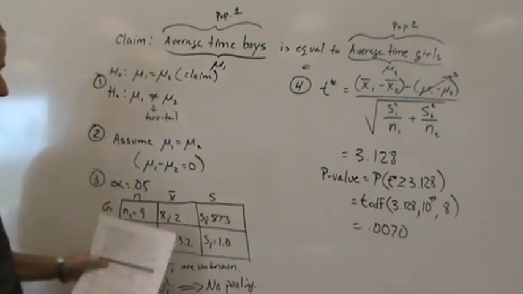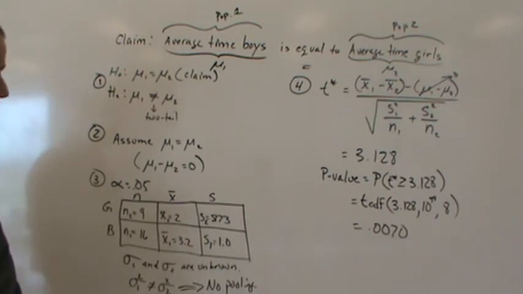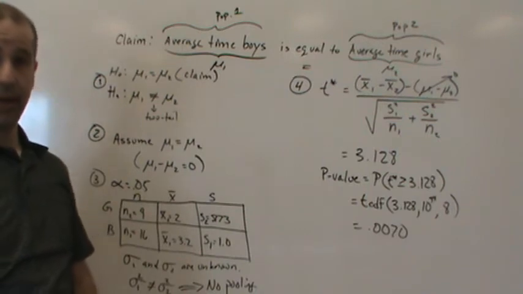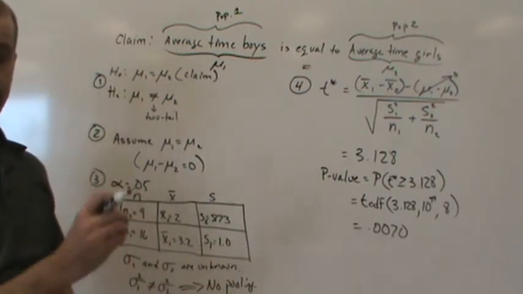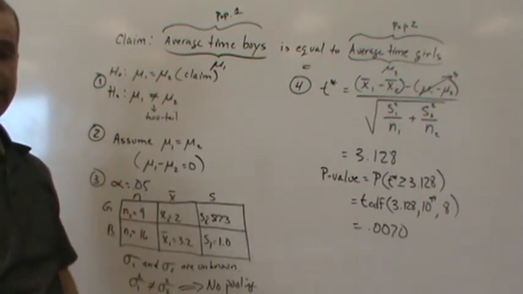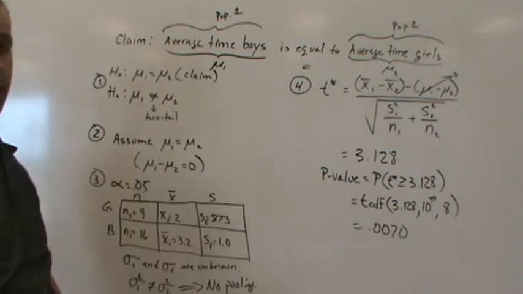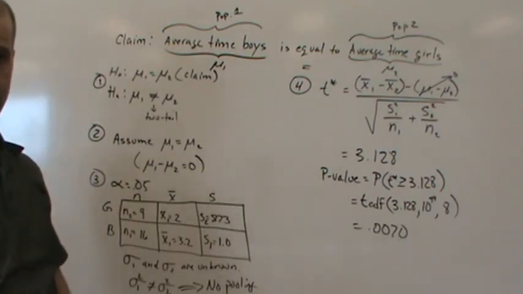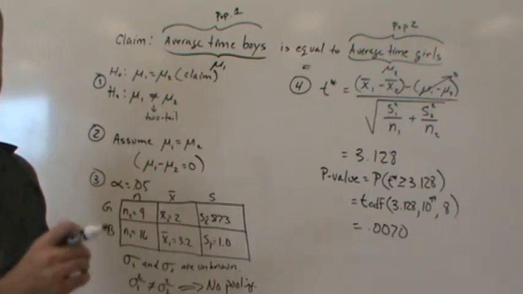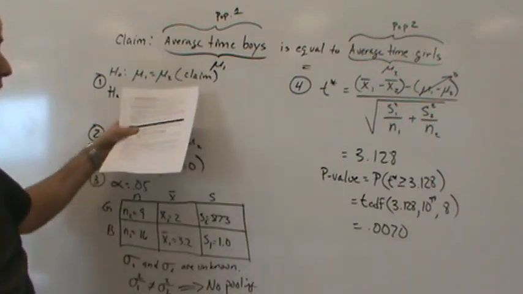Our conclusion: at an alpha level of 0.05, there is strong evidence to reject the claim that the average amount of time boys spend playing sports every day is the same as the average time that girls spend playing sports every day. So we're going to reject that claim.